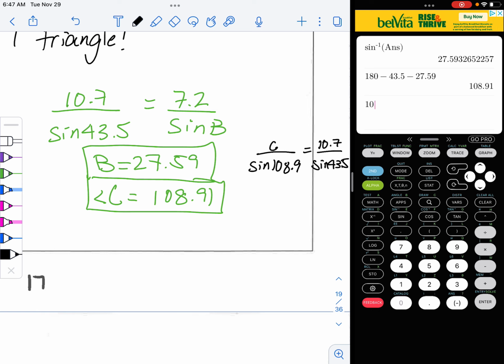Do my cross multiplication. Divide by sine of 43.5. And there's your side C, 14.7.